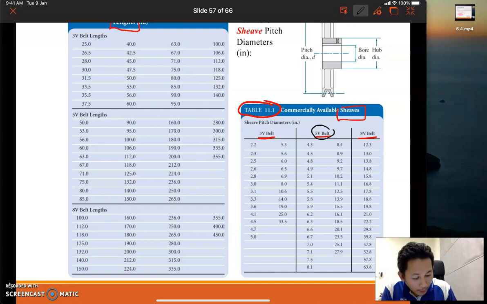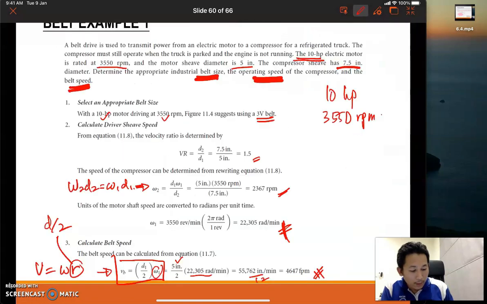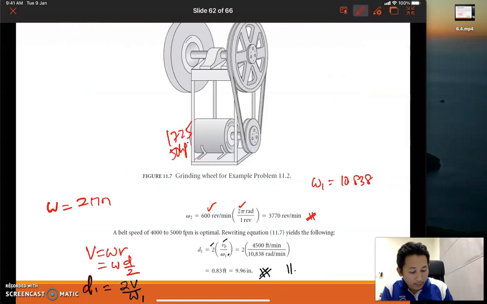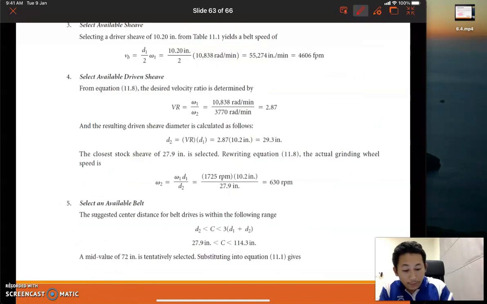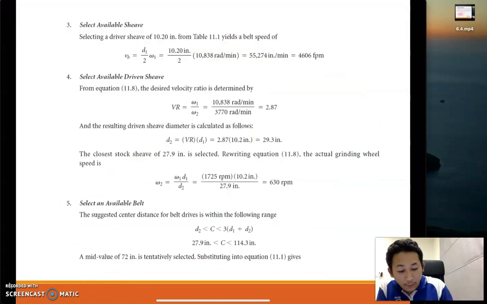So 9.96 is around here. So we use 10.2. Okay, we use the bigger one, 10.2, for our shaft. So from table 11, we use 10.2 inch.